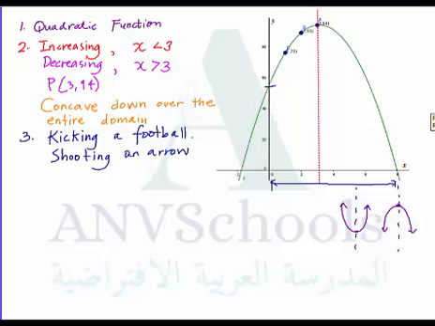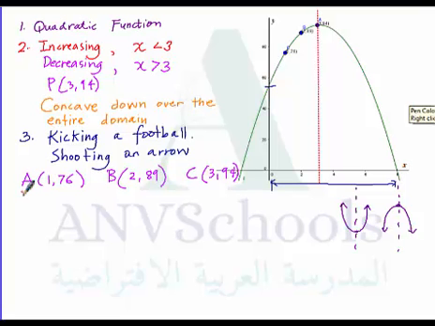First point is (1, 76), so let's call it A. B, we have (2, 89). And C, we have (3, 94).